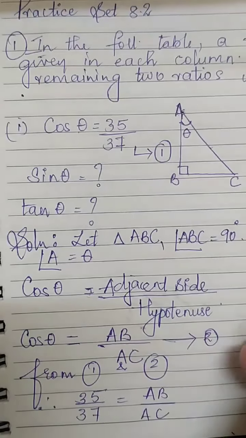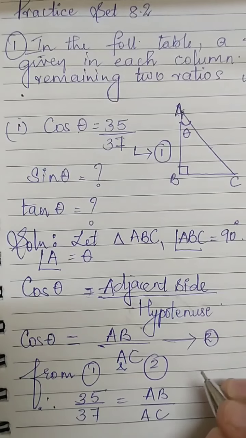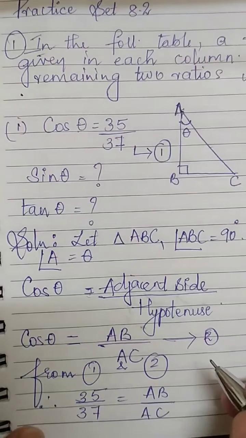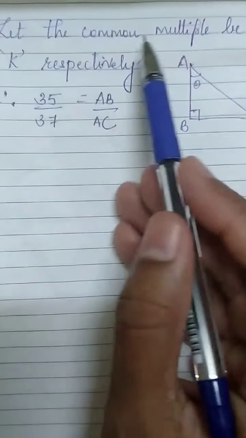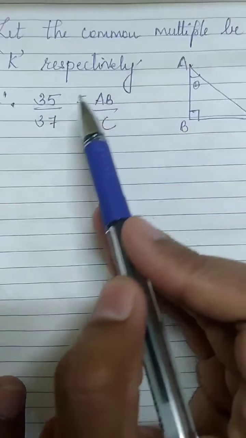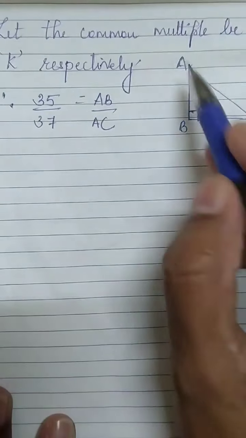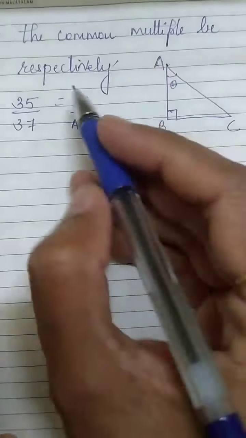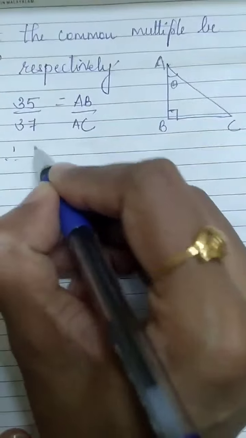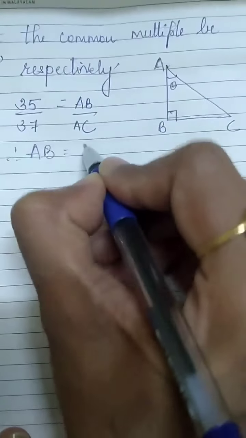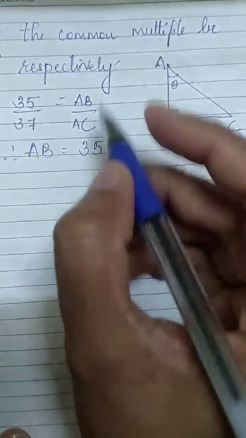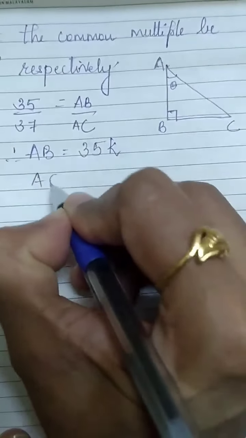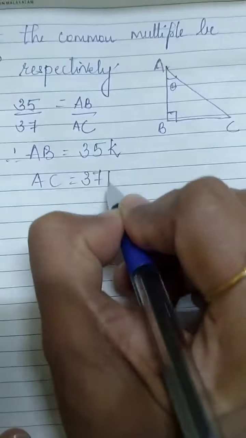Okay, so write down: let the common multiple be k respectively. As I told, I have taken the common multiple as k. The figure also I have drawn here once again. So therefore AB is equal to 35k, the common multiple we took as k, and AC will be 37k.